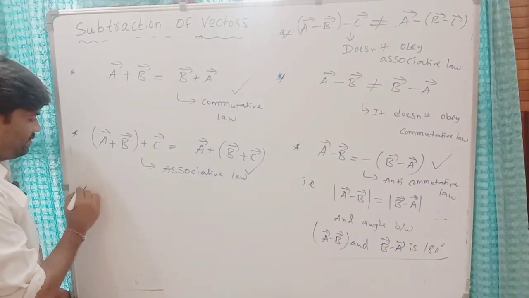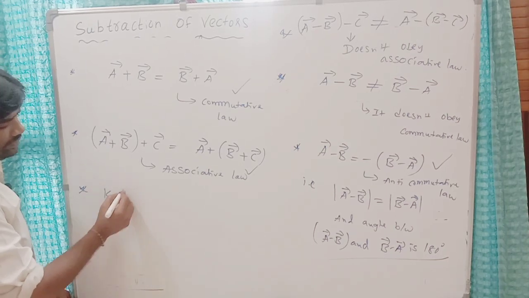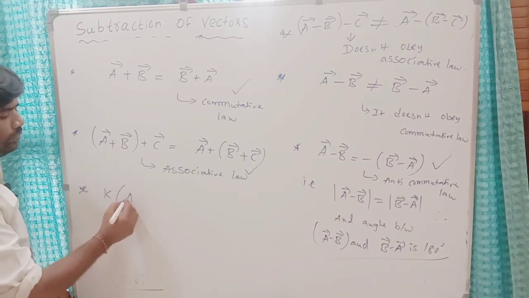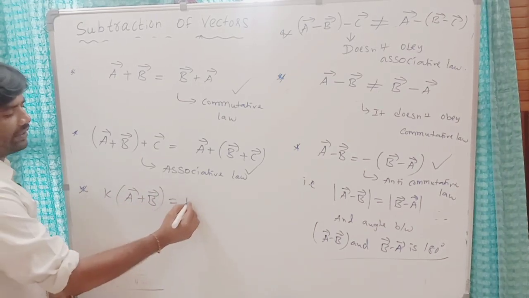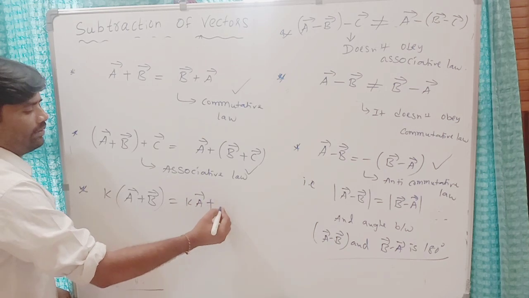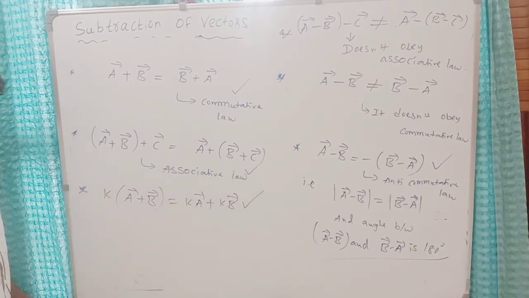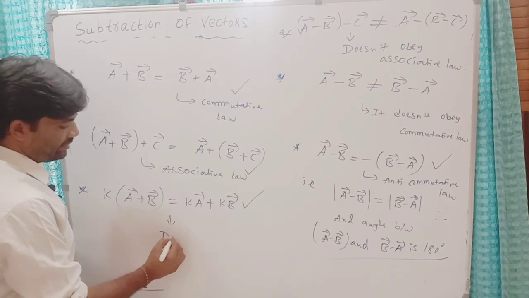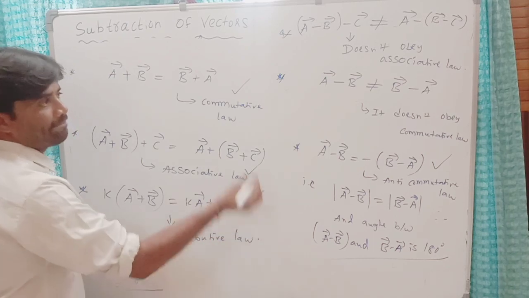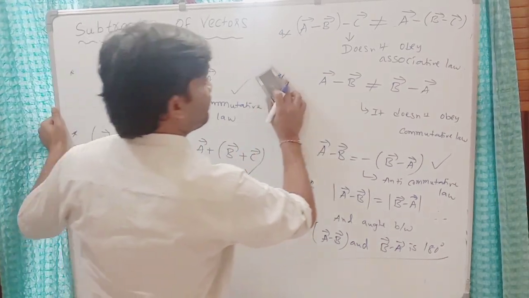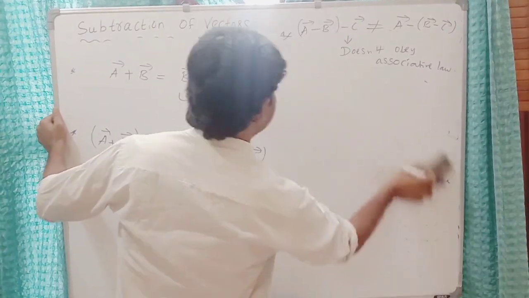Distributive law. Vector addition. What is the distributive law? We take a scalar and two vectors. You can distribute this scalar to these two vectors, k a bar plus k b bar. So it obeys the distributive law. But whereas vector subtraction, you can see whether it obeys or not.